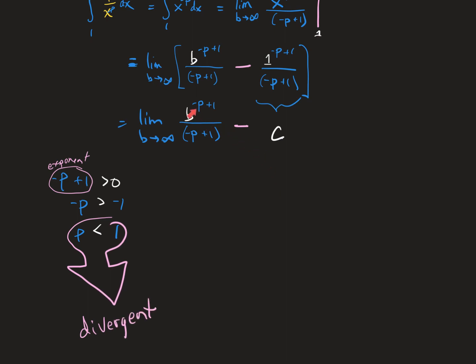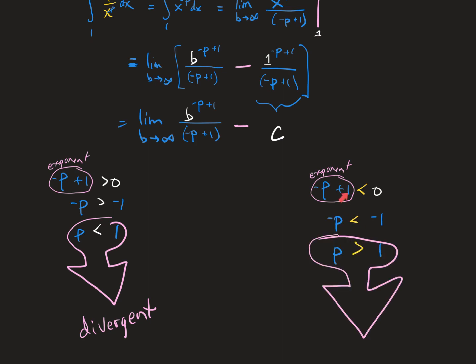But when this exponent, negative p plus 1, is negative, then this b base is going to go to the denominator with a positive exponent. So when is it negative? Well, it's negative when negative p is less than negative 1, or when p is bigger than 1.